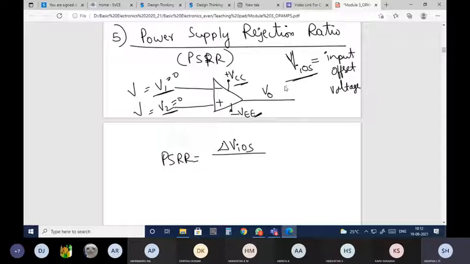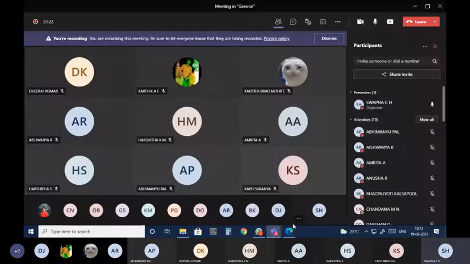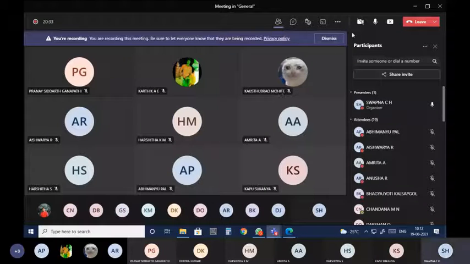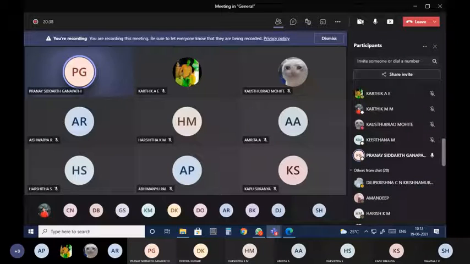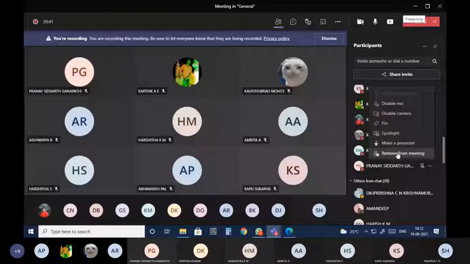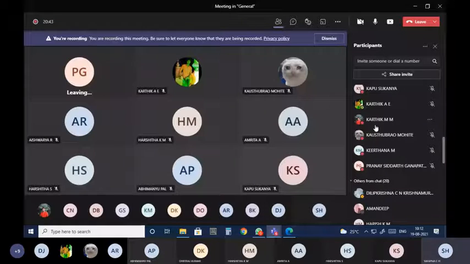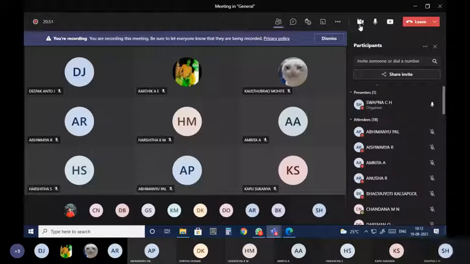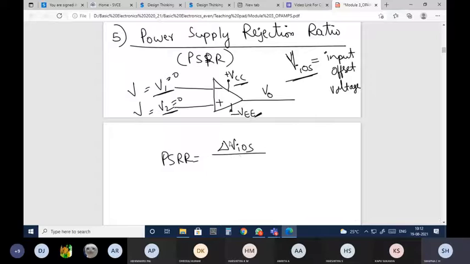So here, power supply rejection ratio: the change in VIOS with respect to the change in VCC.